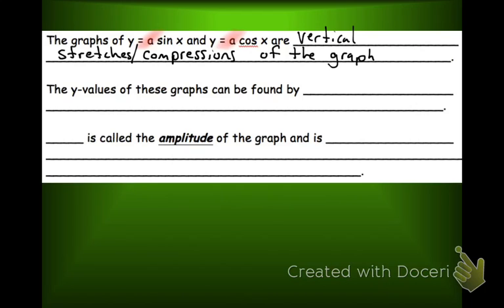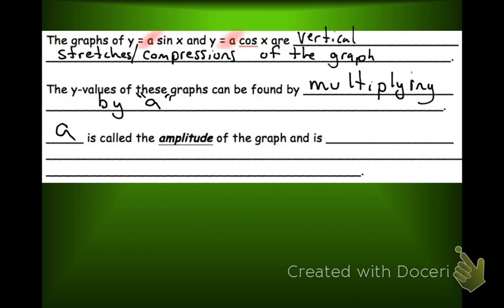So now, instead of always going between 1 and -1, the y values of these graphs can be found by multiplying the original y values by whatever that number is. So multiplying by a. So whatever that number is out in front there, instead of going from 1 to -1, now we're going to be going from whatever that highest part is to whatever the lowest part is.